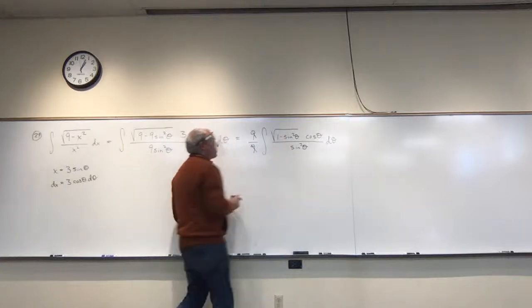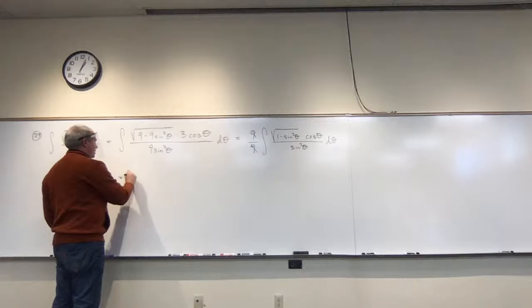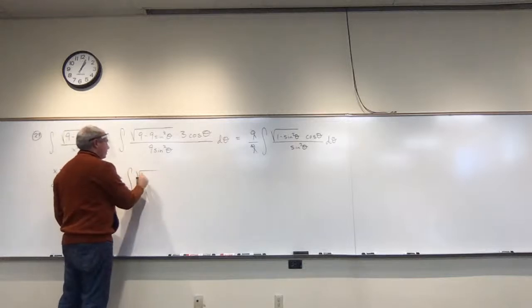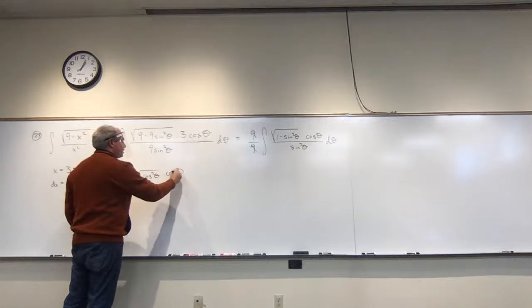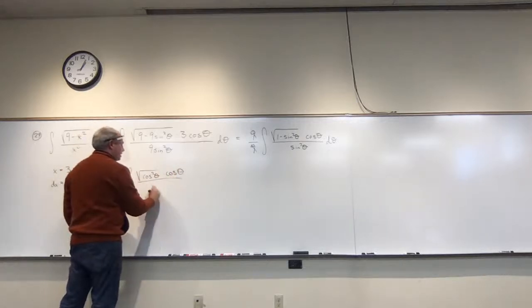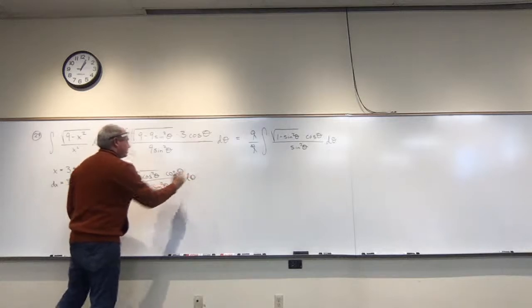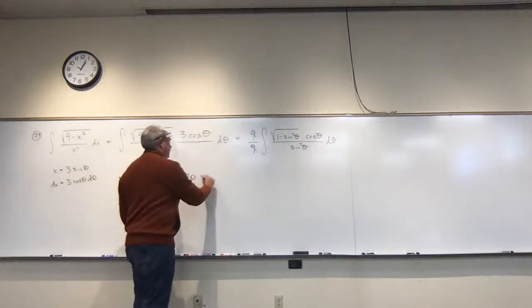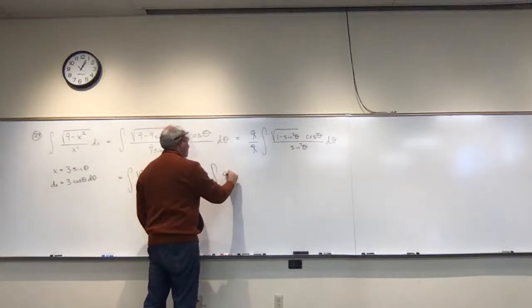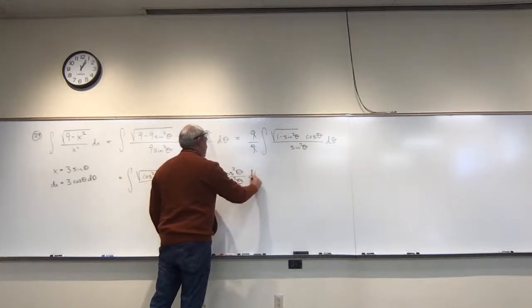1 minus sine squared of theta is cosine squared of theta. So I can write this as the integral of the square root of cosine squared of theta times cosine of theta divided by sine squared of theta d theta, which is the integral of cosine squared of theta over sine squared of theta d theta.